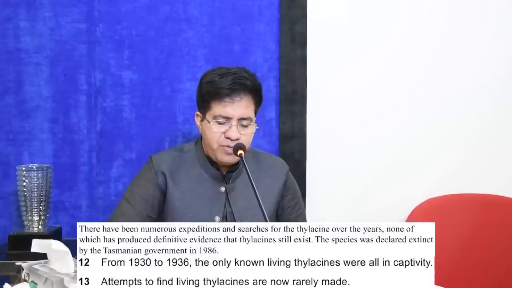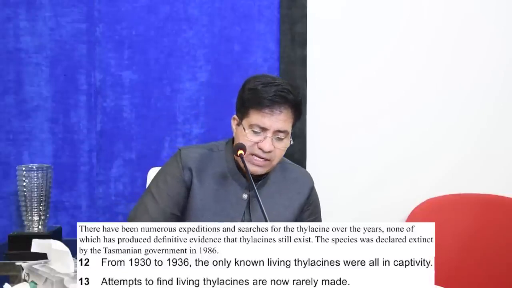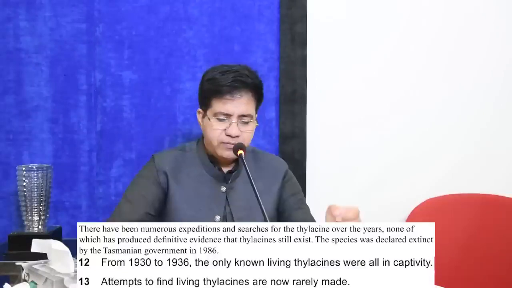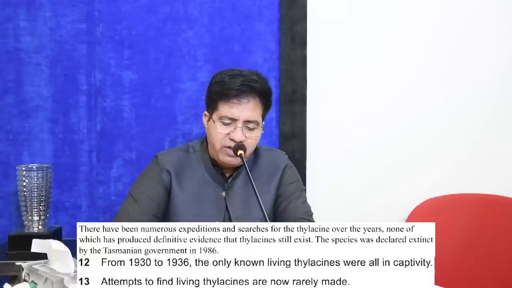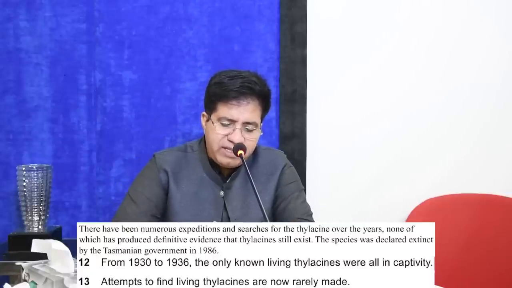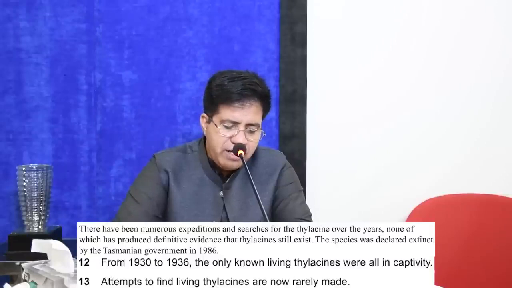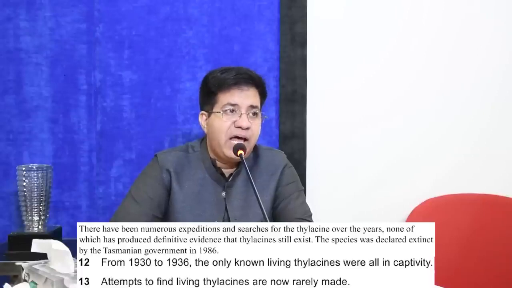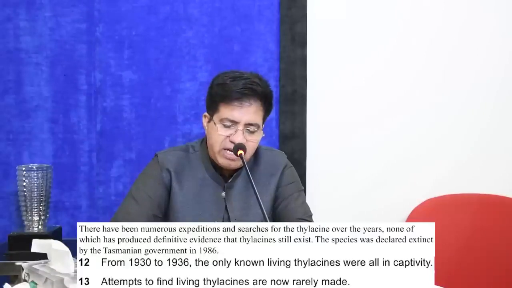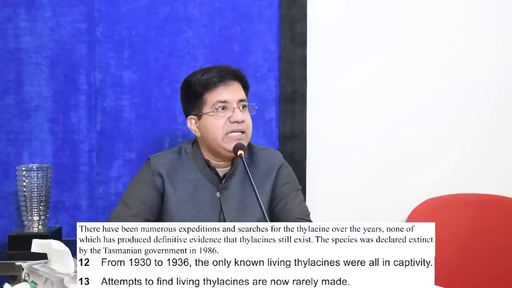Last paragraph. There have been numerous expeditions, underline numerous expeditions, and searches for thylacine over the years, none of which has produced definitive evidence that thylacine still exists. The species, focus this line, the species was declared extinct by Tasmanian government in 1986.